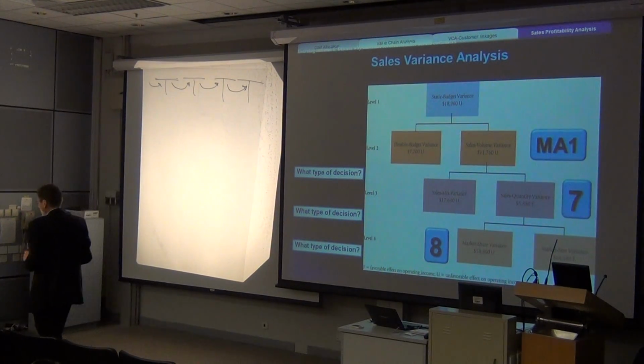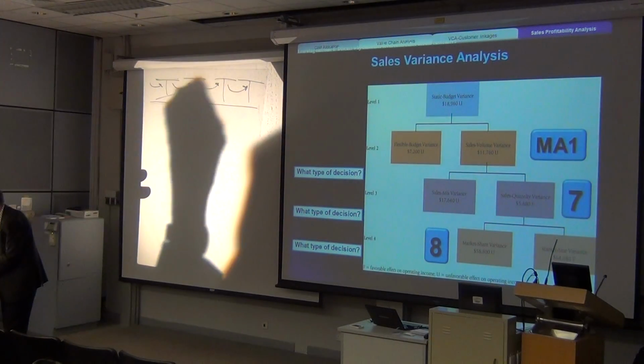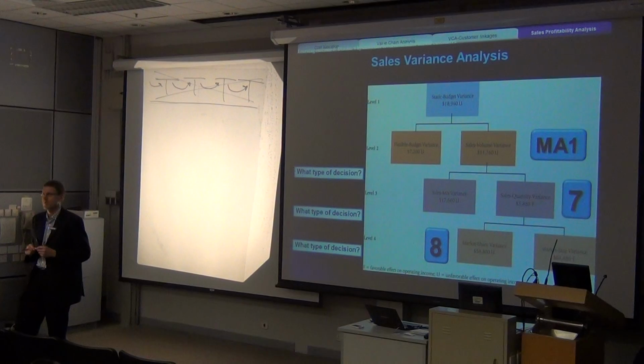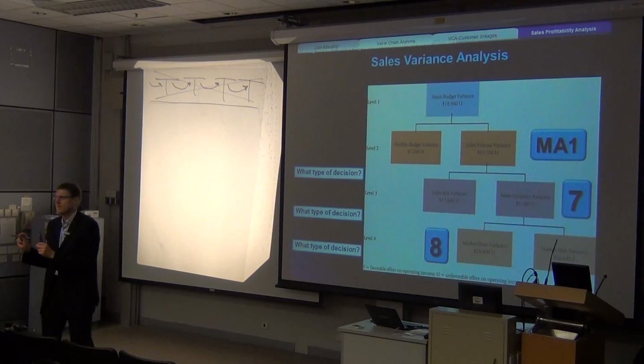All right? Okay, so we're not in MA1 and we're not looking at the T accounts for cost of goods sold in the organisation. We're looking at sales variance analysis. So here's something that happens every year, no matter whether you are accounting for something or not.